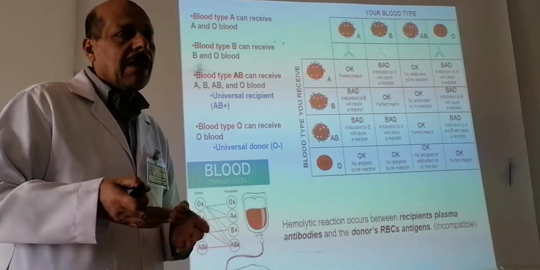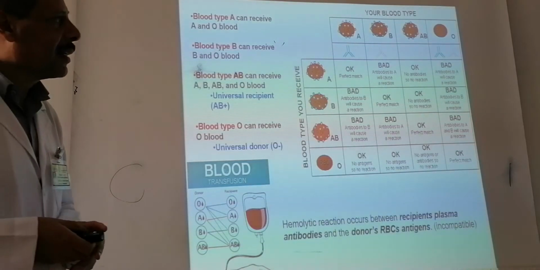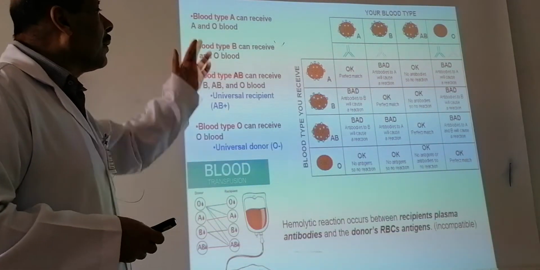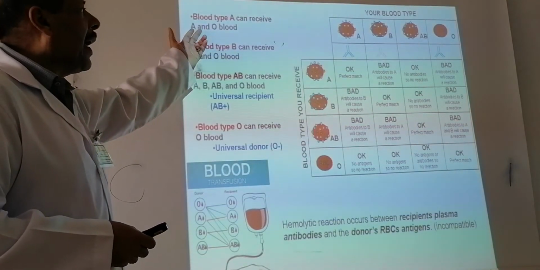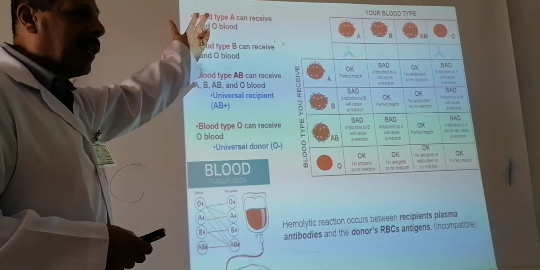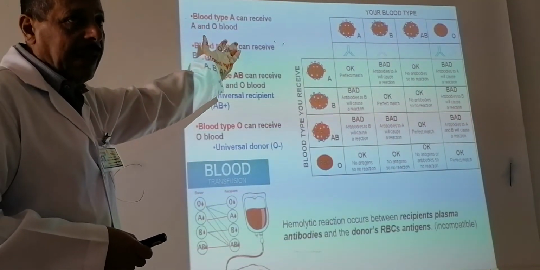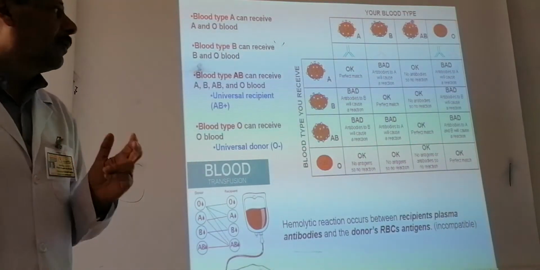This is the slide that we mentioned in the last session. Blood type A can receive from A and O. If it is positive, it will receive from positive and negative. If it is negative, it will receive only from negative.